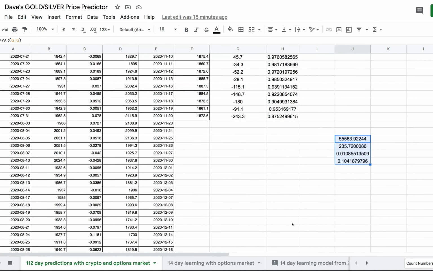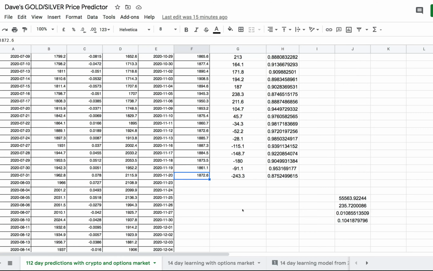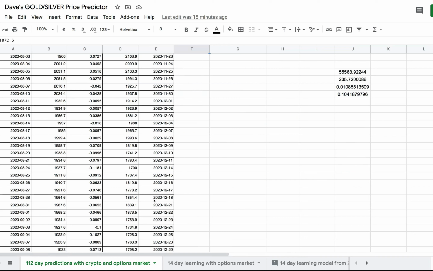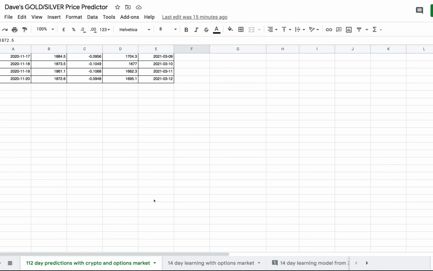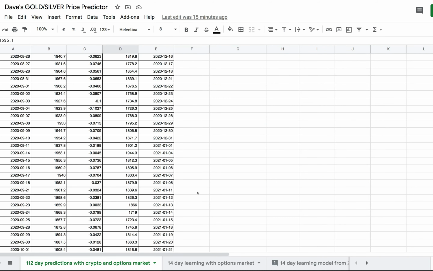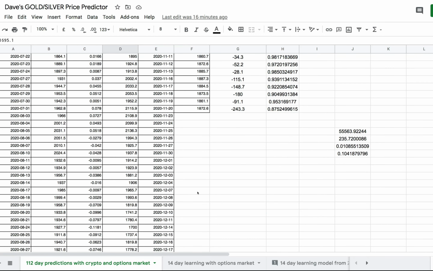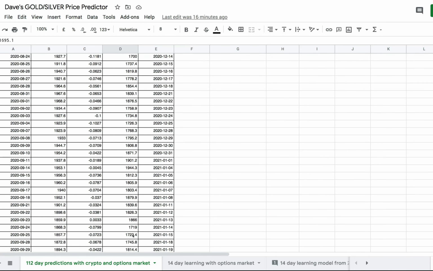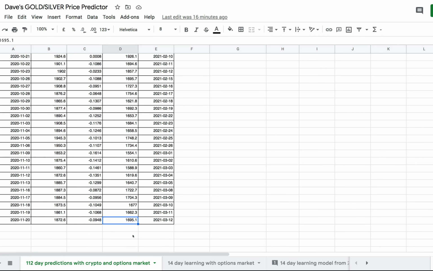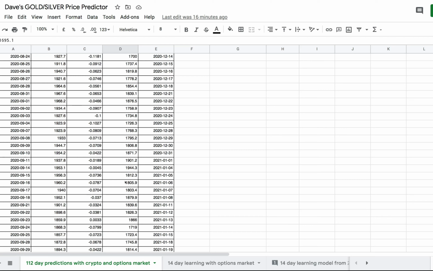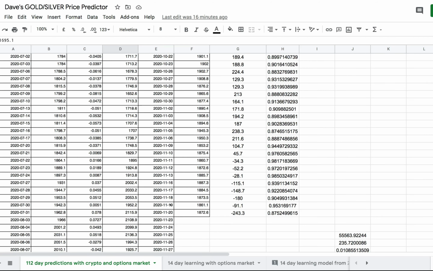You can't say, oh, your model said it would be 1690, and it's not. Don't go out and buy gold based upon the information in this chart. I'm telling you, the chart cannot predict the exact price of gold. Sometimes it gets it completely wrong.